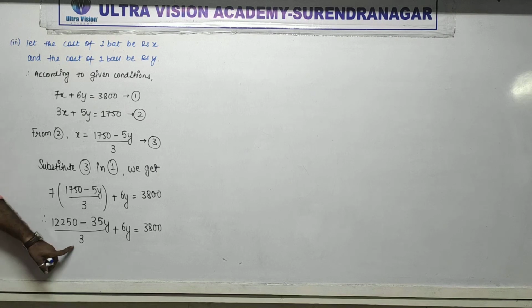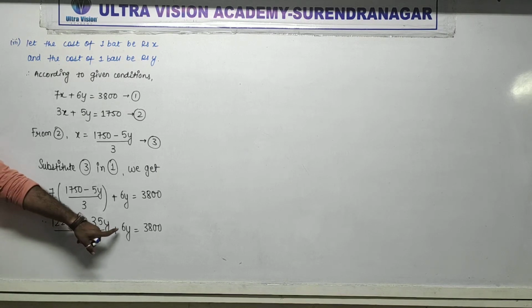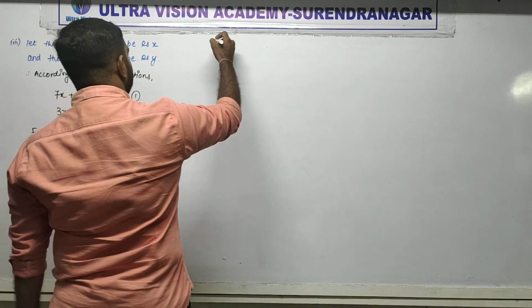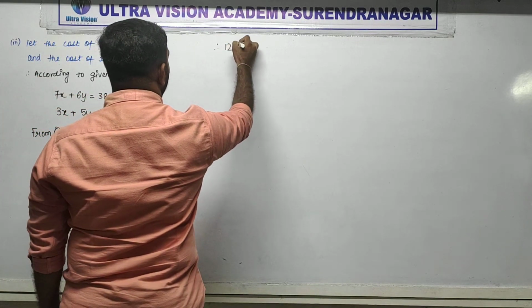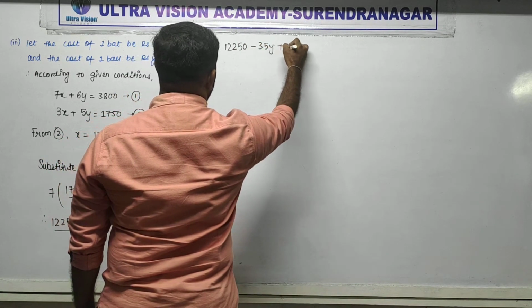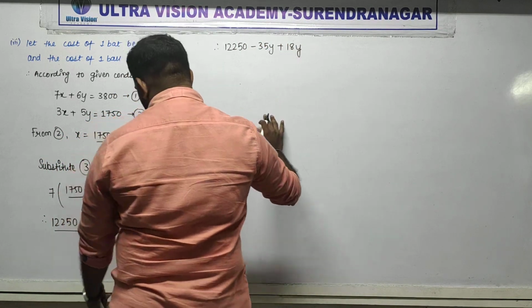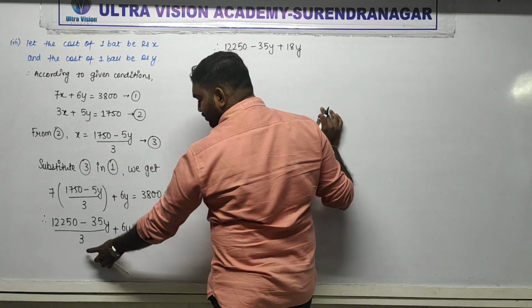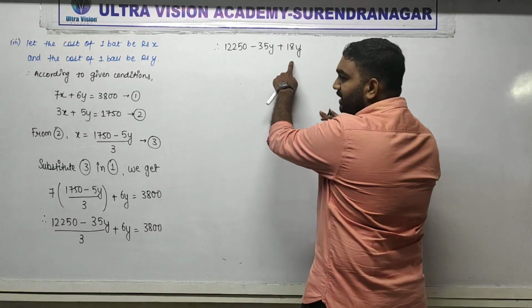Now we shall take LCM here. This 3 will be made LCM with 6y and then cross multiplied with 3800, which gives us 12250 minus 35y plus 18y. First of all we made LCM here with 6y, so 3 into 6y is 18y.